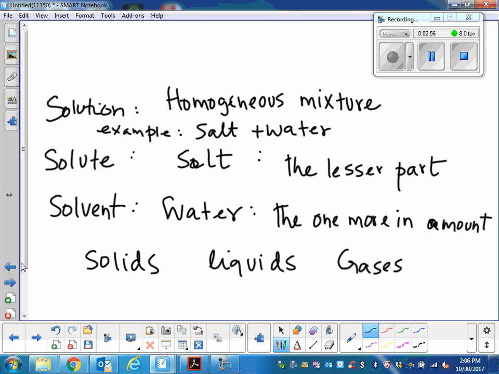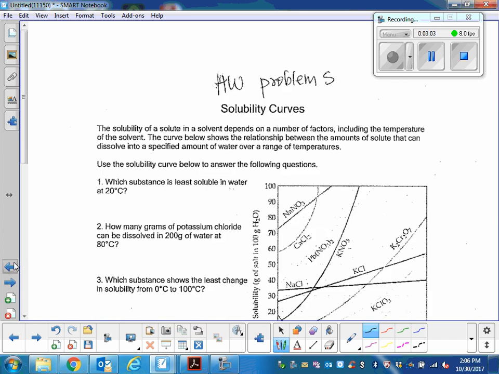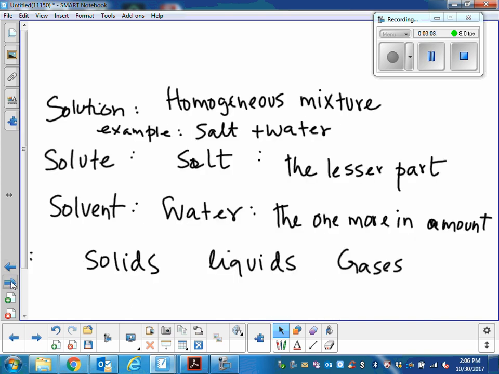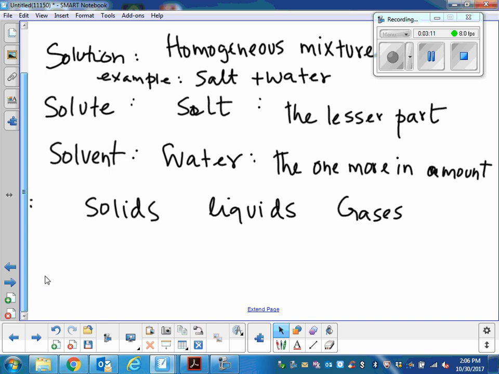So, can somebody give me one more example of a liquid solution? I did salt water. Give me one more example. Sugar water. So any sugar drink, any type of soda or anything that you drink. So soda, all these are examples of liquid solutions.